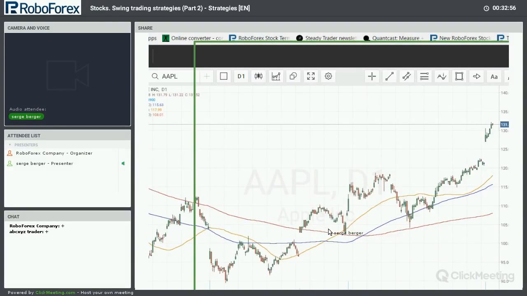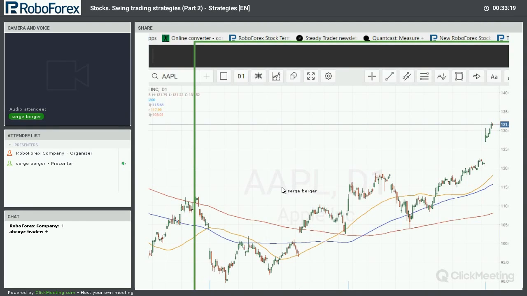So to me, the highest probability swing trade happens when multiple things come together. And when I say multiple things, it's news. It could be something technical. Most of the time, it's something technical. It's multiple technical things, in fact. So let's have a look.